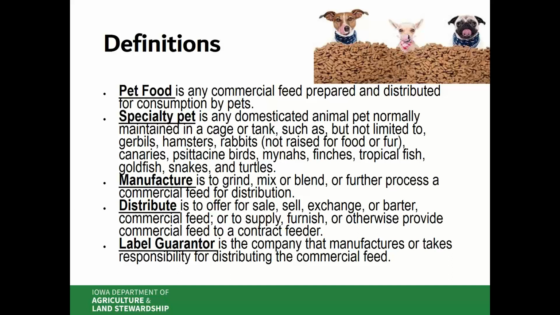And then the manufacturer is to grind, mix, or blend, or further process a commercial feed for distribution. And to distribute is to offer for sale, exchange, or barter commercial feed, or to supply, furnish, or otherwise provide commercial feed to a contract feeder. And then a label guarantor is the company that manufactures and takes responsibility for the commercial feed.